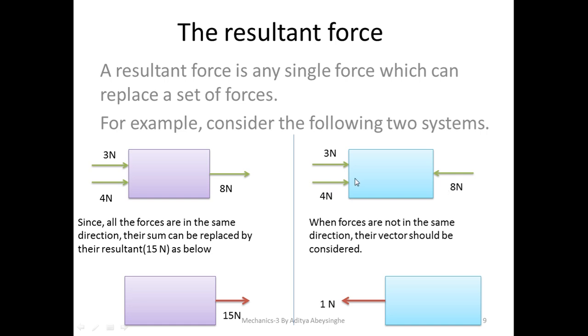The total force in this direction will be 3 plus 4 Newtons, which is 7 Newtons, and the total force in the other direction is 8 Newtons. So the total force felt by this system is minus 1 Newton. The value of minus 1 Newton in this direction is the same as 1 Newton in the opposite direction.